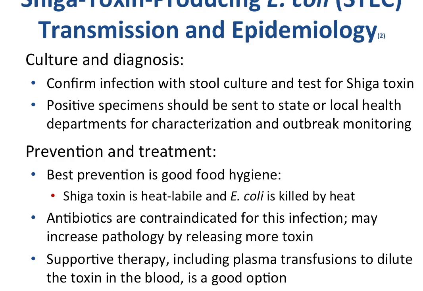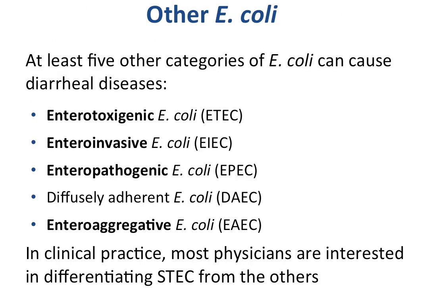In this case, it's not a good idea to treat the patient with antibiotics, because antibiotics can cause lysis of bacteria and release more toxins. So the most important treatment is supportive therapy. We give the patient fluid, electrolytes, and let the patient recover by themselves.